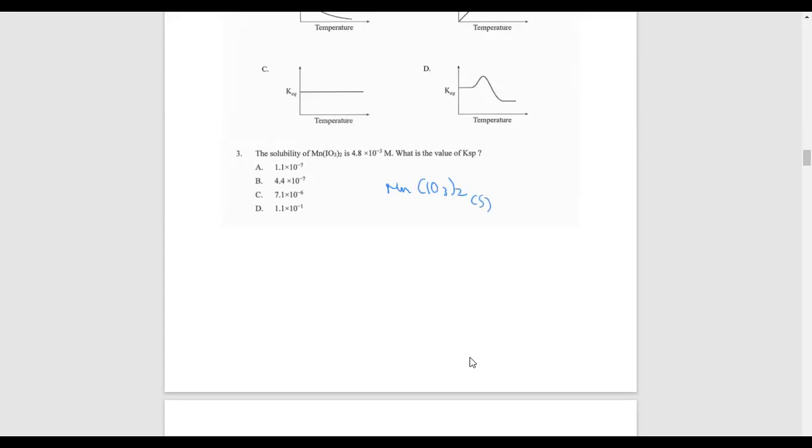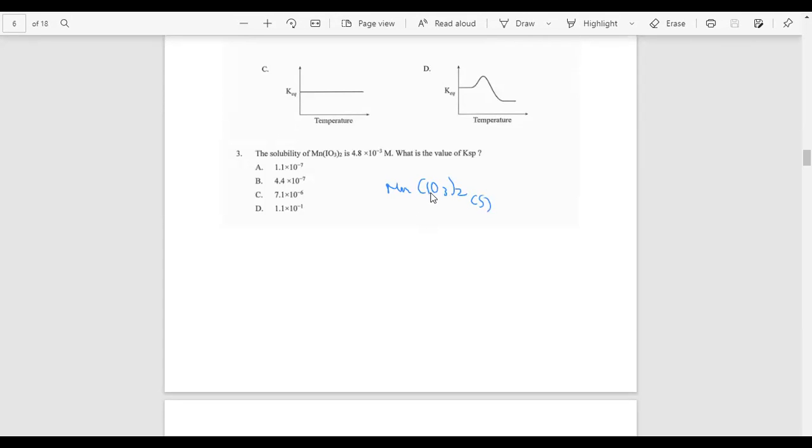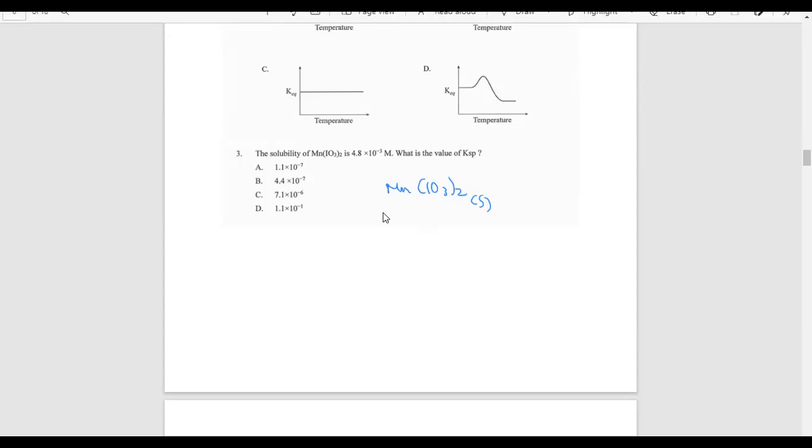Well, this solid is going to separate into these ions. And so that's the dissociation.